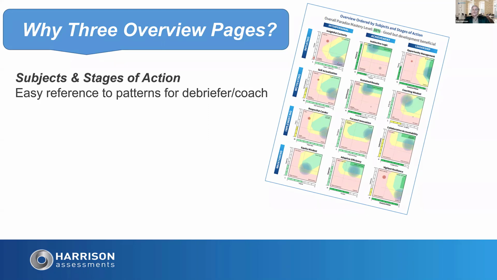So I can look at combinations, which are very important. For example, some of you have been exposed to the concept of the Bermuda Triangle, or we even call them the performance management paradoxes, and you can see how they relate to each other. But if we order these in a different way, you're going to have a very hard time identifying those kinds of patterns, because you're not used to looking at it that way, and also they're ordered differently every time.